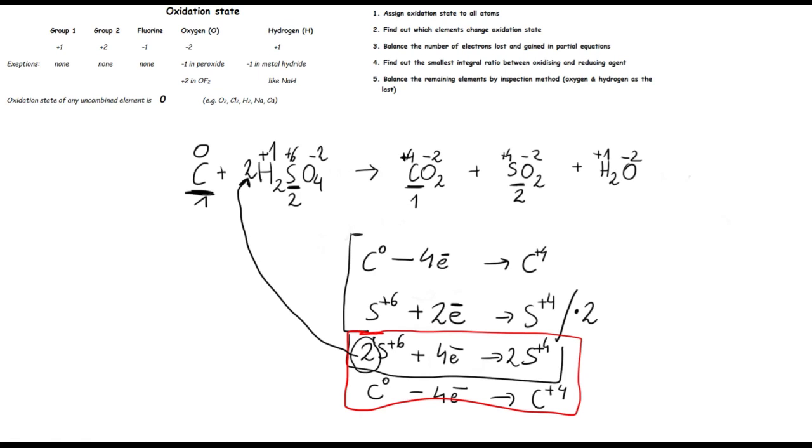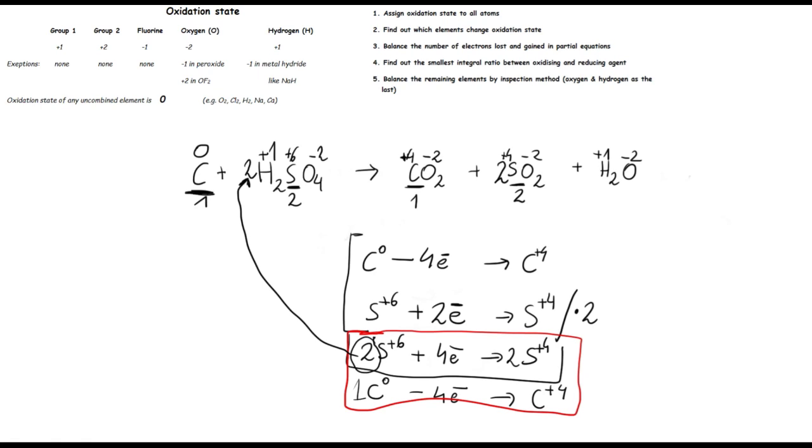As here we have sulfur in the oxidation state of 6, and here is the sulfur with oxidation state 6. So that 2 is moving here, and that 2 needs to appear on the right side before the sulfur in oxidation state 4. So here.